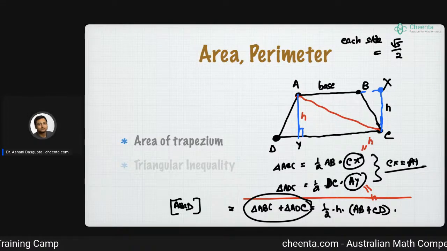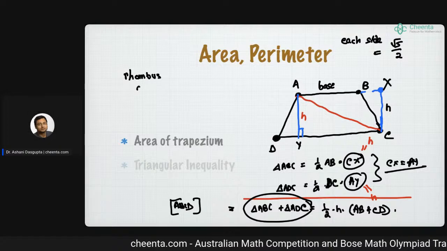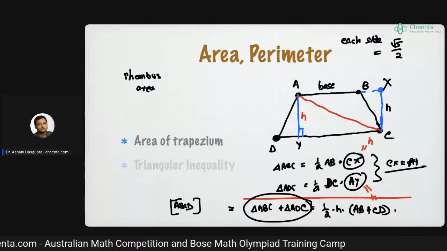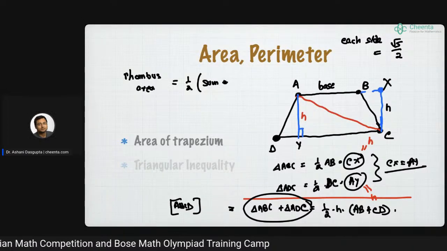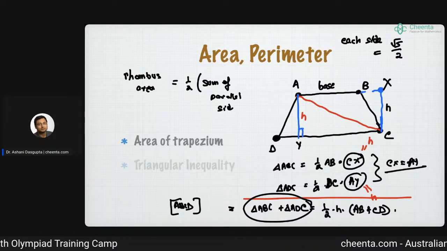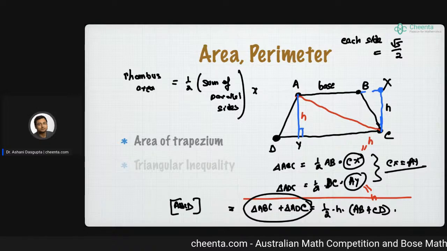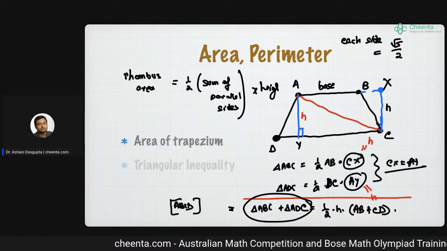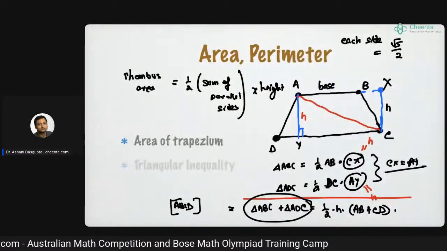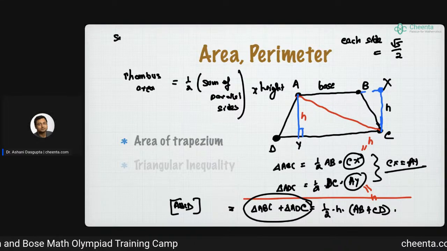Area of the rhombus ABCD, rhombus area, is equal to half times the sum of parallel sides times the height, or the distance between the parallel sides. Okay. Now, here is a side note.